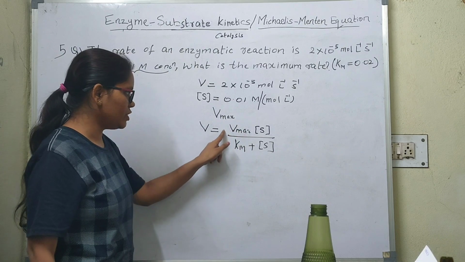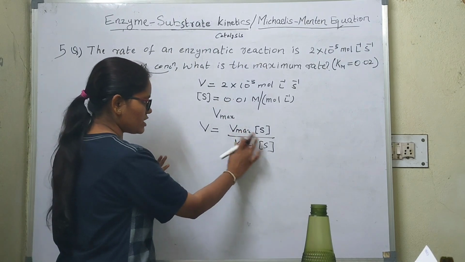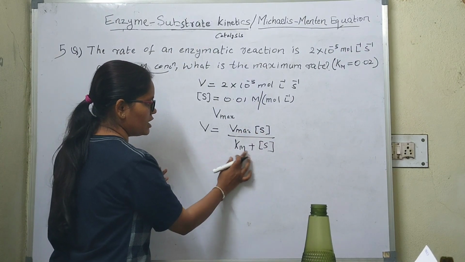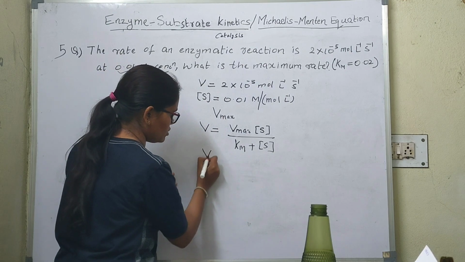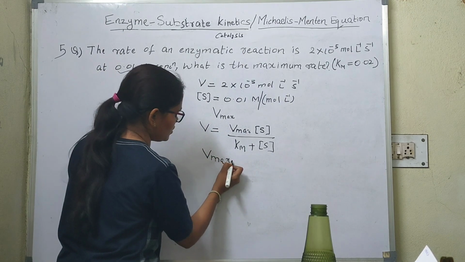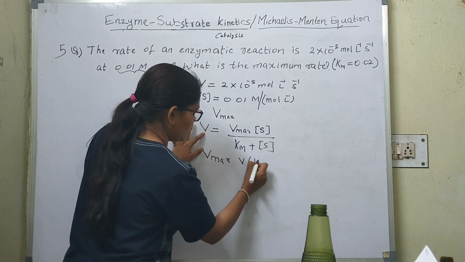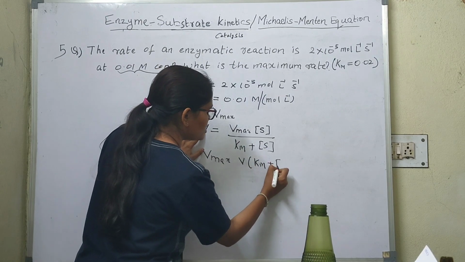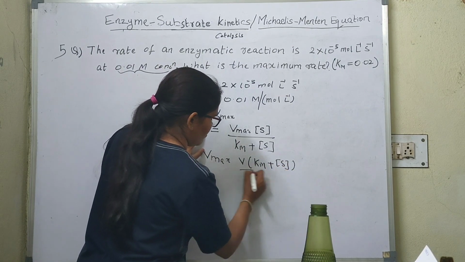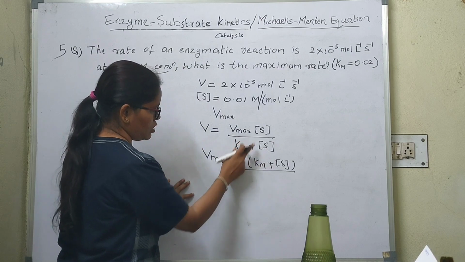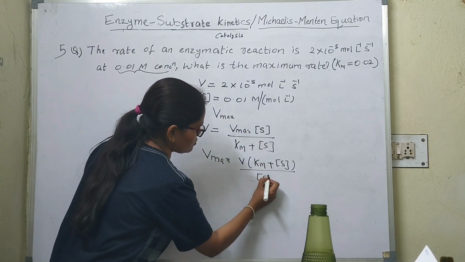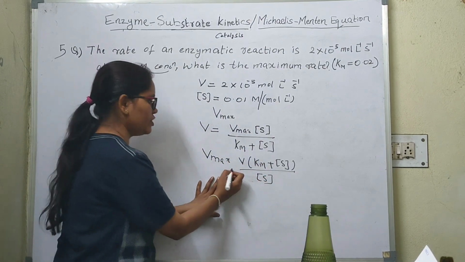So you need to find Vmax. I'll keep Vmax here and take the other terms to the left hand side. So I get Vmax is equal to V into Km plus S by S. From this we can get Vmax.